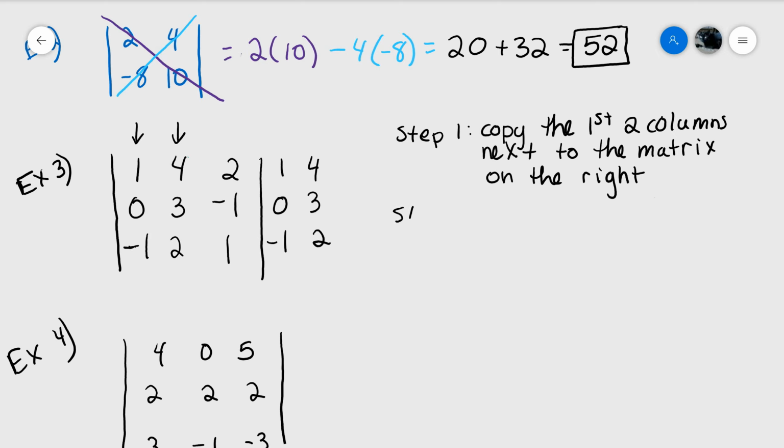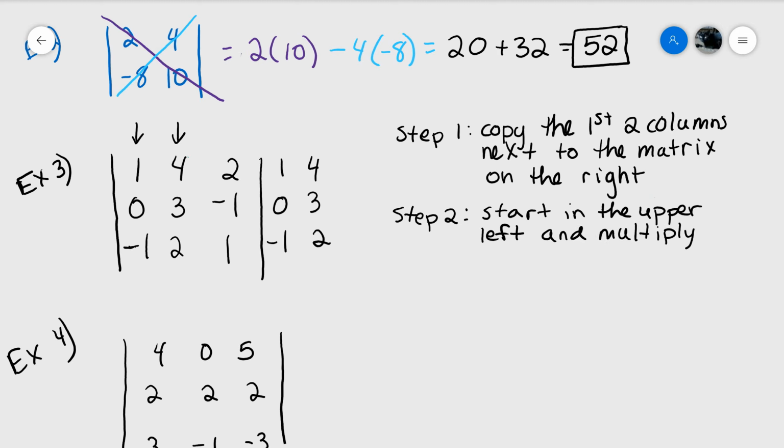All right, and then step 2 is we are going to start in the upper left, just like the 2 by 2, and multiply on the diagonals. And you're going to add the 3 numbers together.